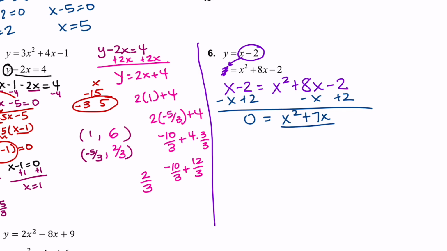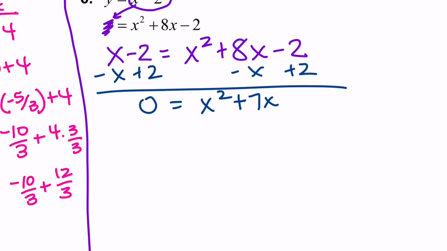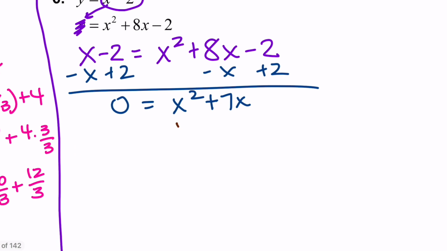Now I have an x squared and an x, but I don't have that third term. This is a place where people tend to forget how to factor. But this is where we have a greatest common factor. They both have an x, so we're just going to pull the x out, divide both pieces by x.